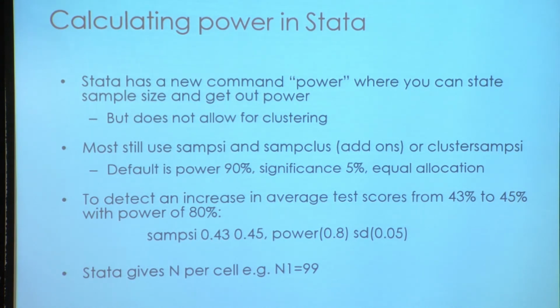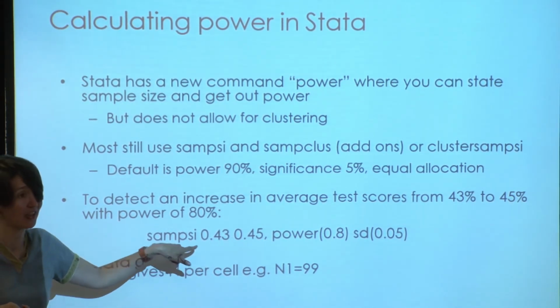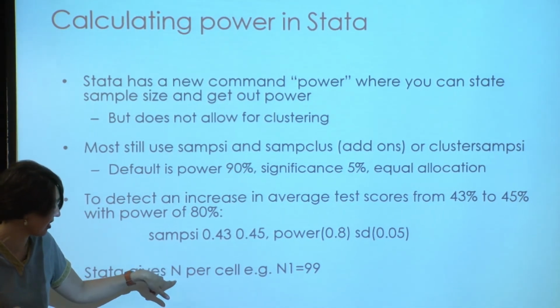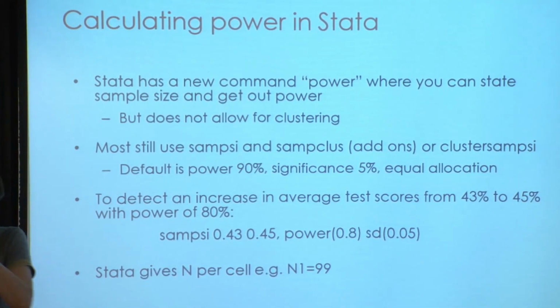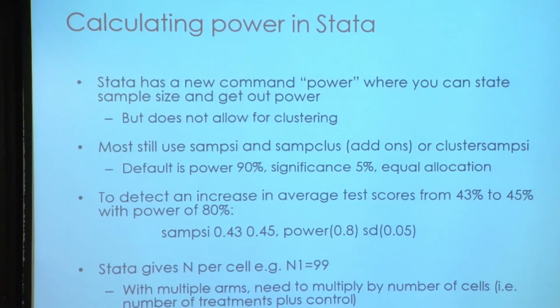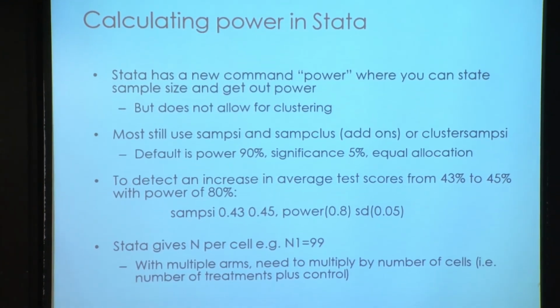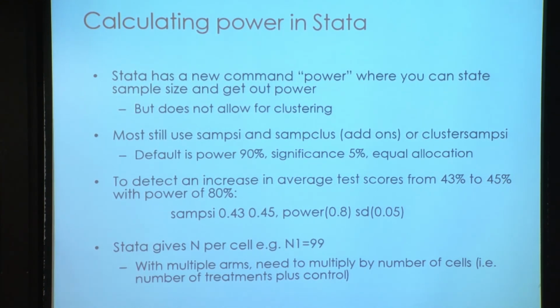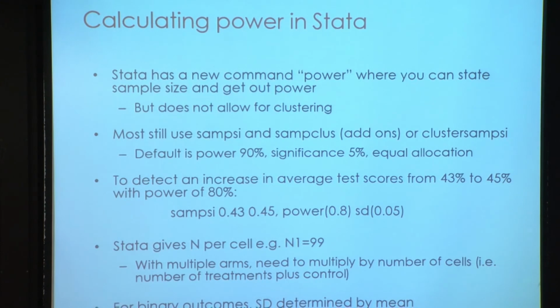To actually do the coding, Stata gives n per cell, as we talked about before, the sample size per cell. So it will say n1 is 99. With multiple arms, again, as I said before, we need to multiply by the number of cells, the number of treatments plus control.